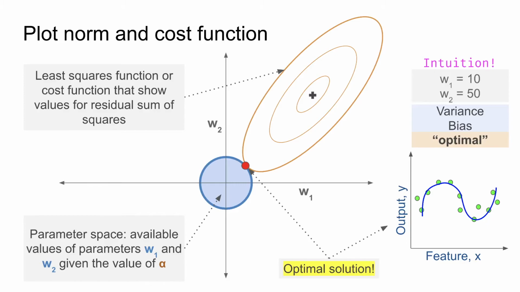So we do not want too much overfitting, and we do not want too much bias. Somewhere in the middle ground, we can approach that middle ground using a constraint imposed by the norm that is shown here in the blue circle.